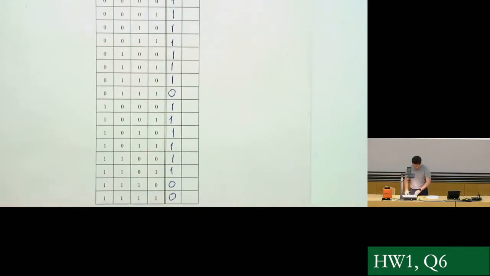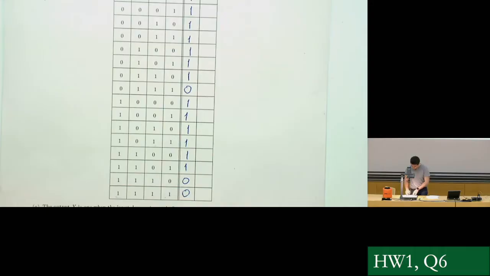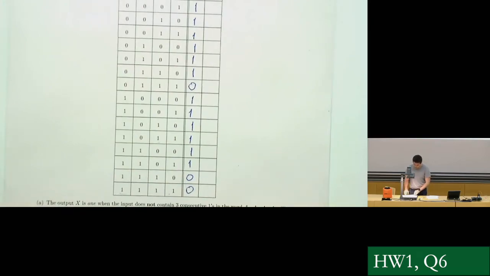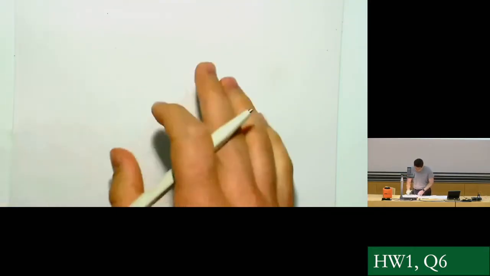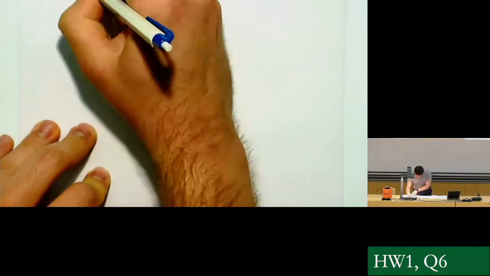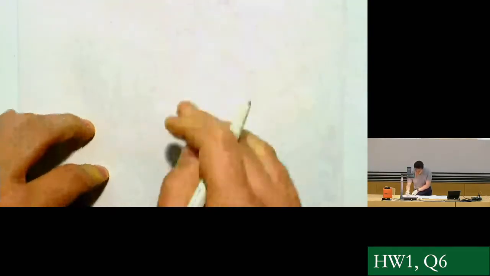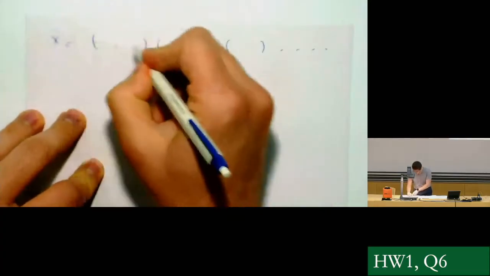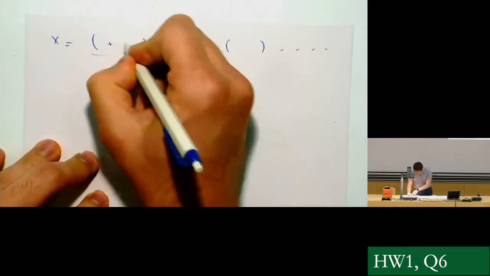The question says to fill the truth table and use product of sums form to write the corresponding Boolean equation for X. A product of sums has terms that are ANDed to each other, and inside each term I have the ORs.